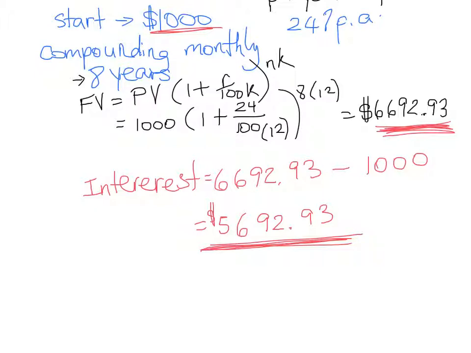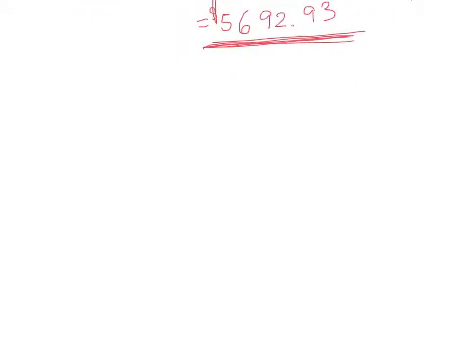Now, we can go a step further with this, and we could back solve for any of the values. Let's do a new question. Let's move this out of the way. In my new question, I'm going to tell you how much I end up with. Let's have our future value at $8,000.